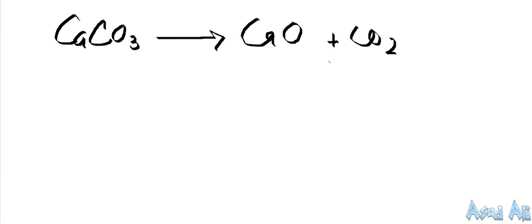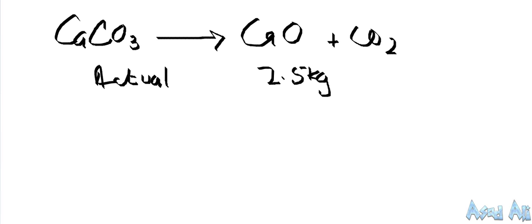Now if 2.5 kilograms is produced, that is the actual yield, when 4.5 kilograms of CaCO3 is roasted, find out the percentage yield.